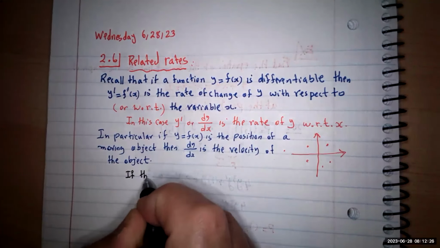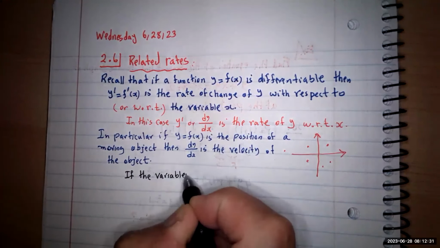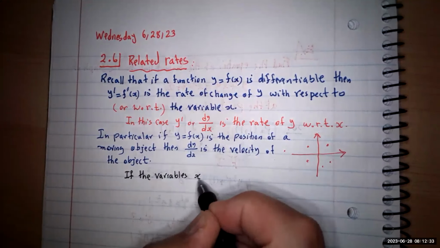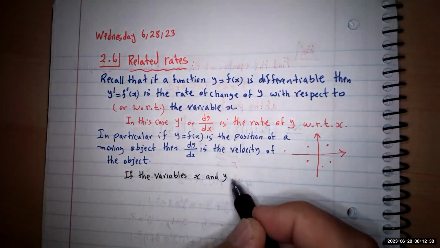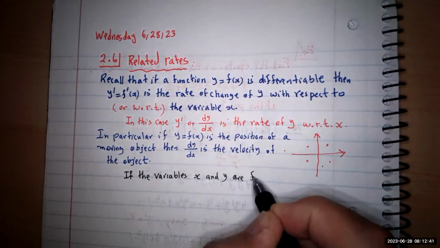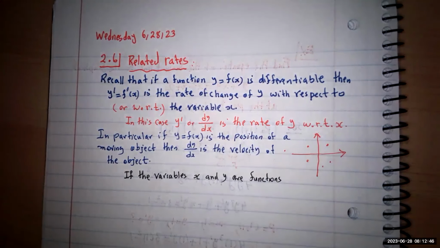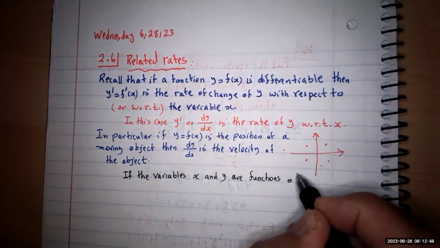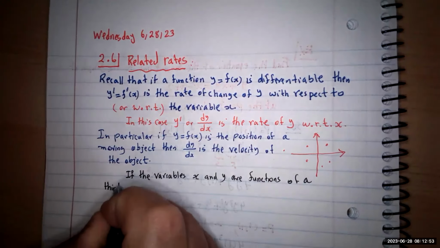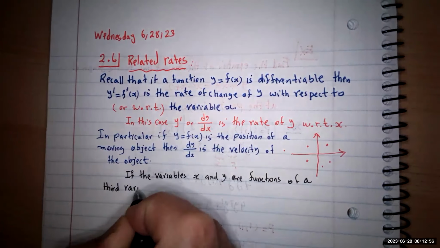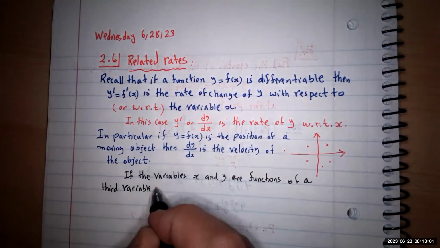If the variables x and y are going to be functions of time, they are going to be functions of a third variable, which is the time t.